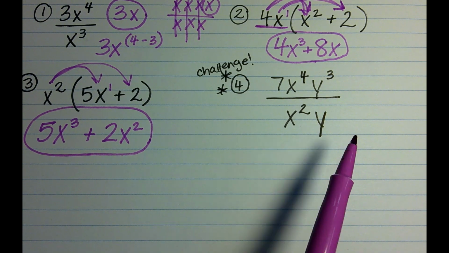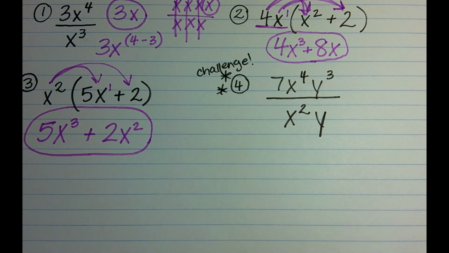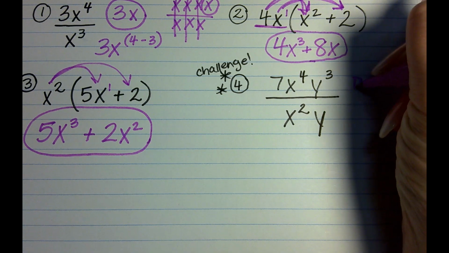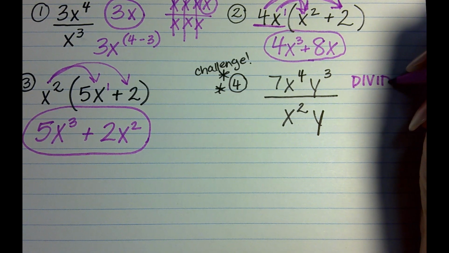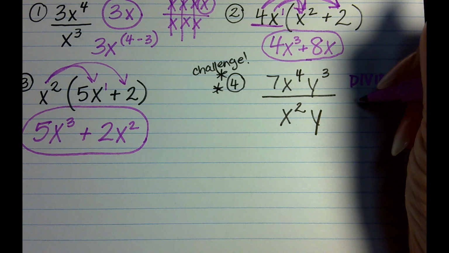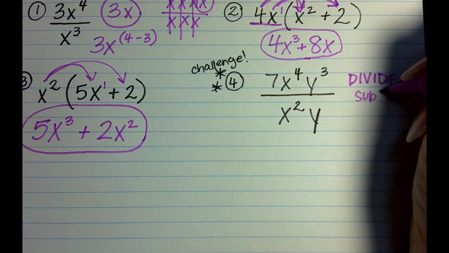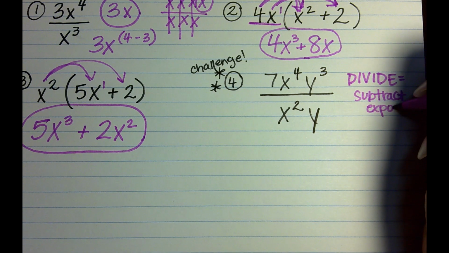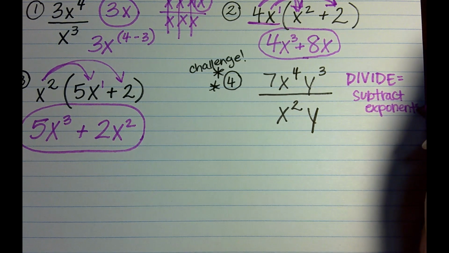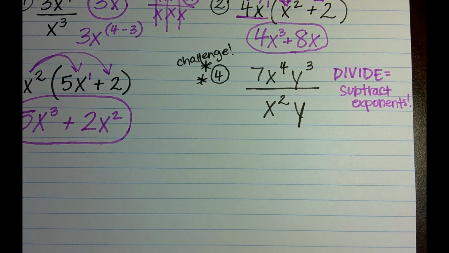So first off, what's going on in this problem? Are we multiplying or dividing? Dividing. We're dividing, okay? So am I going to be adding or subtracting my exponents? Yes, we're going to subtract the exponents. So 7 divided by 1.